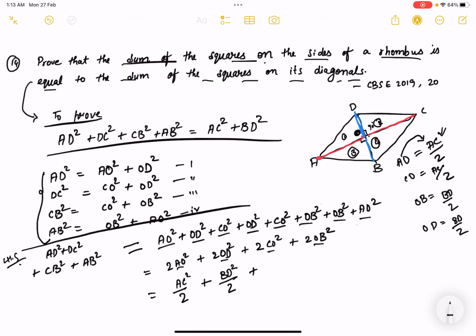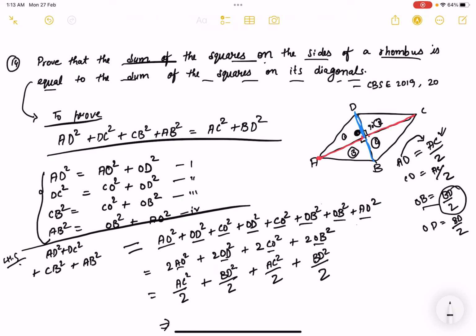Instead of CO we will substitute AC by 2, so we will get AC square by 2, and again instead of OB we put BD by 2, so we'll get BD square upon 2.